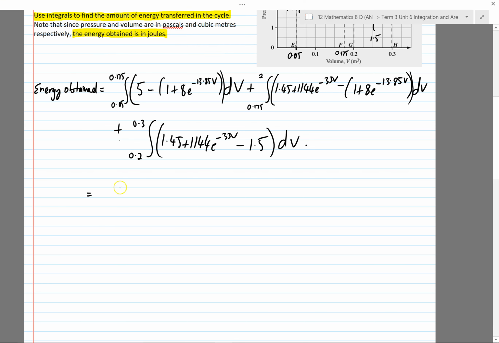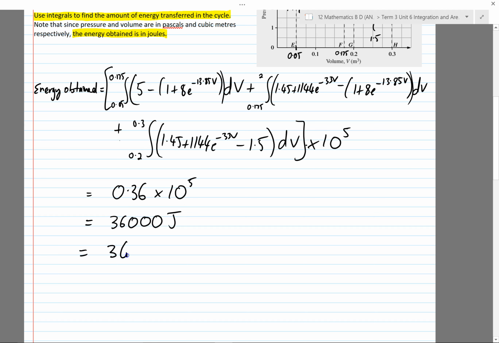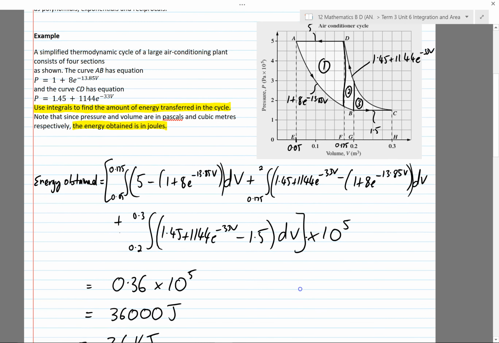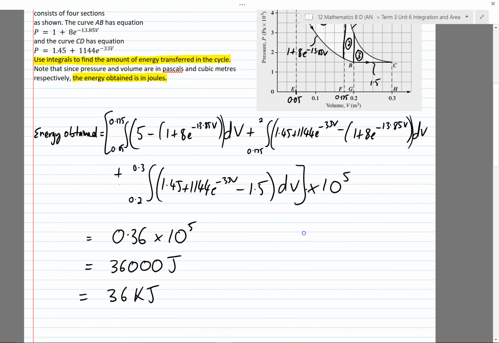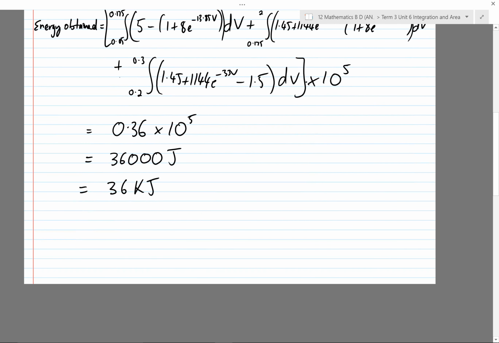I'll end up with 0.36, but I need to multiply it by 10 to the power 5 to apply the scale, which means 36,000 joules or 36 kilojoules. So that's the idea, finding the area between those two and applying the scale.